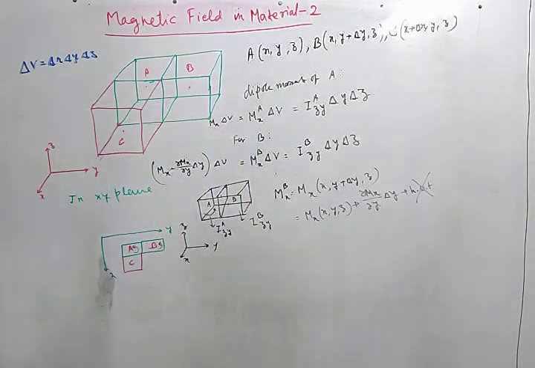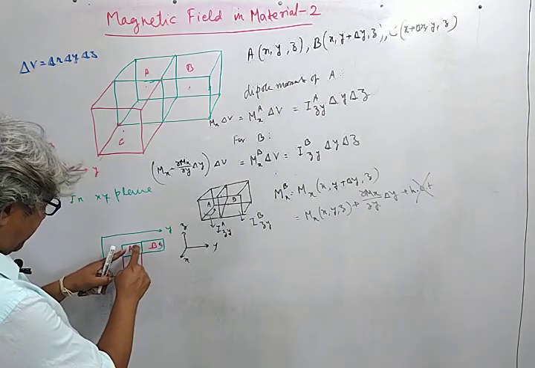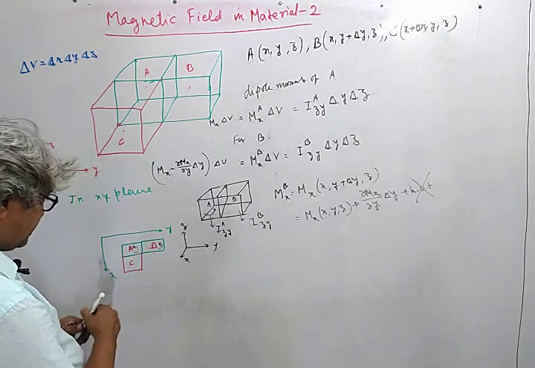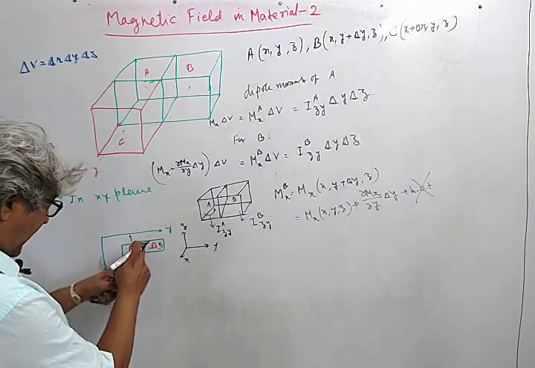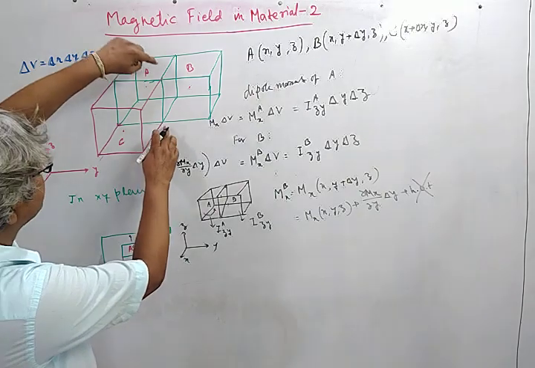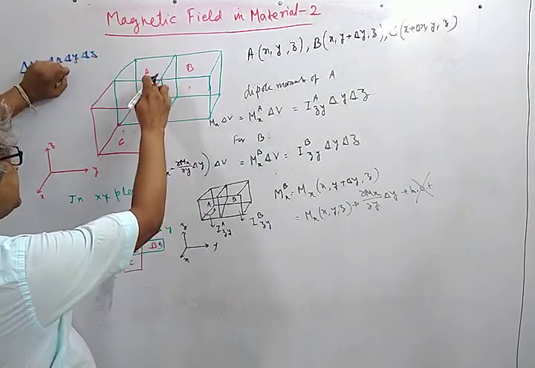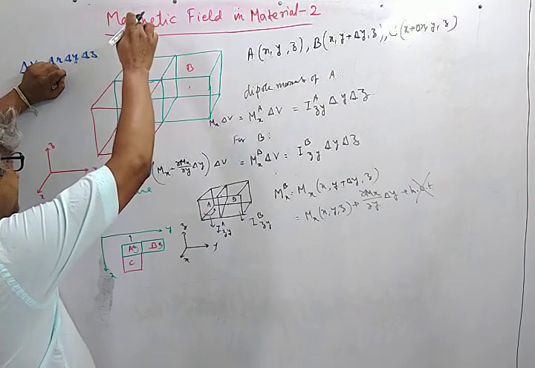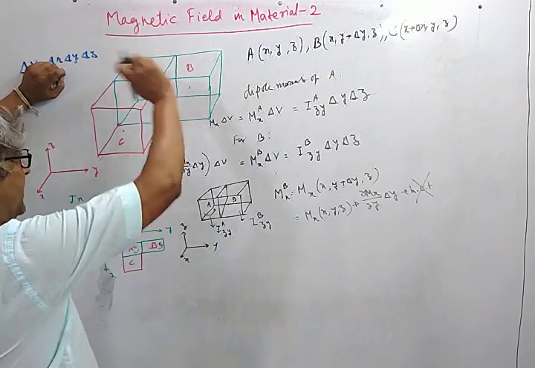Now you see what the current is. In the volume element A, the current is flowing along the positive z axis across the boundary, while the current in the other element is flowing along the negative z axis.